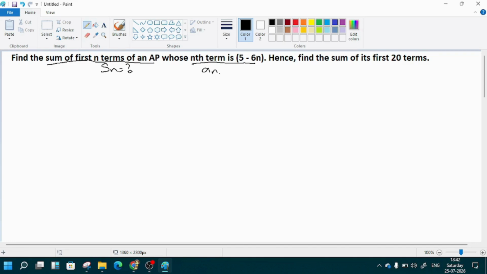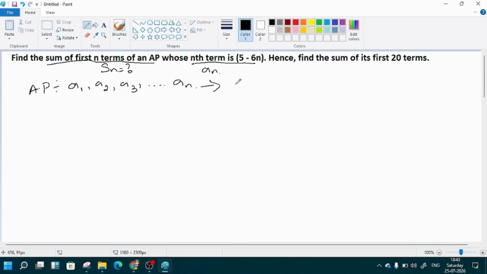Before going to the actual solution, I'll give a small recap about AP. AP is nothing but a series. Let the series be A1, A2, A3, etc. till An. The series is called an AP when the common differences are equal.